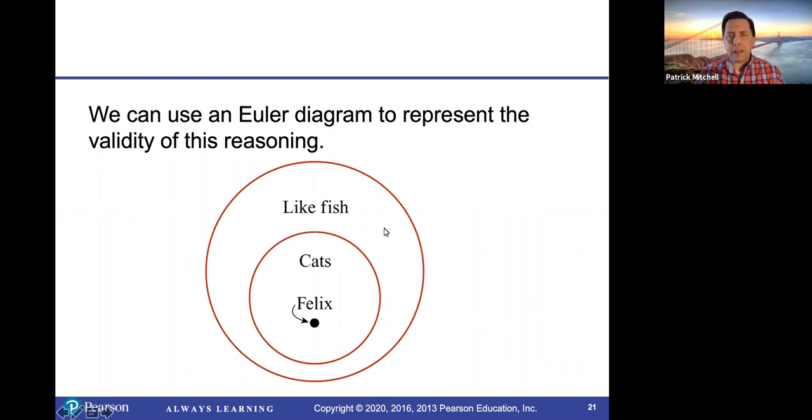Other things inside this big circle would be some people, seals, walruses, anything that eats fish, and in particular cats would be here. Felix is a cat, so we can represent Felix with a dot inside the cat circle, and that forces Felix to be inside the big circle of things that like fish. Absolutely no way to avoid putting Felix inside the likes fish circle. Okay, so that's called an Euler diagram.